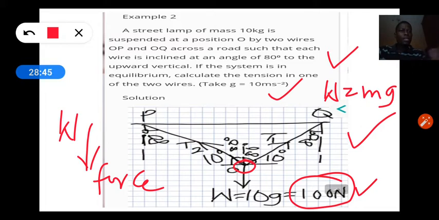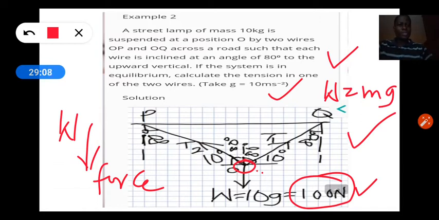It's suspended at a position O. That's this O you see here. By 2 wires, OP and OQ, across a road such that each wire is inclined at an angle 80 degrees to the upward vertical.